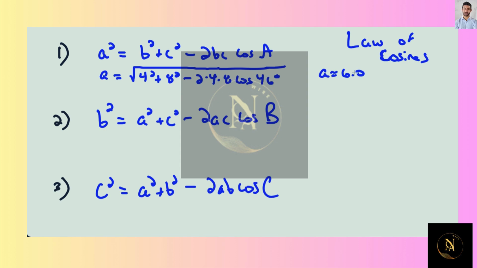Then you need to find the measure of angle B and the measure of angle C. So now you can do the law of sines. You can do the sine of angle A over its opposite side 6, and that's equal, if you want to find angle B next, to the sine of angle B over 4.